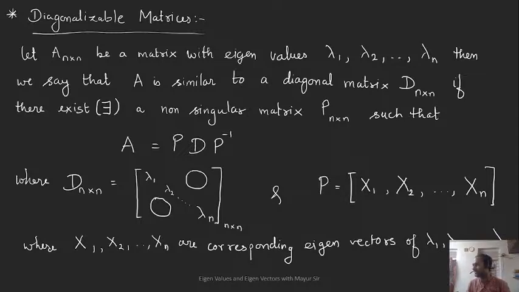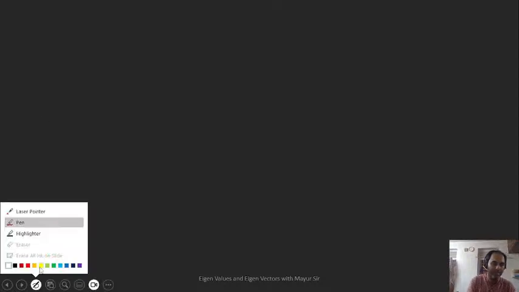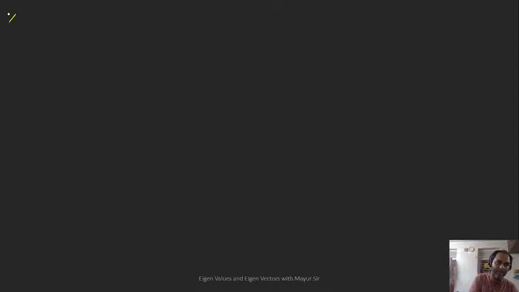Now this definition is quite a big definition to remember, right? But as we use it, we will remember. Now we see a very important result. Generally in mathematics it is used as a theorem, but I like to call this theorem by a nice name.